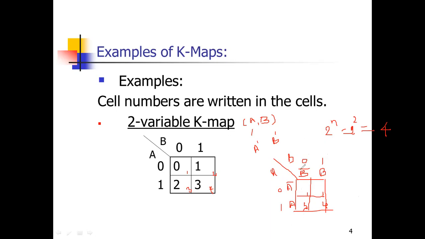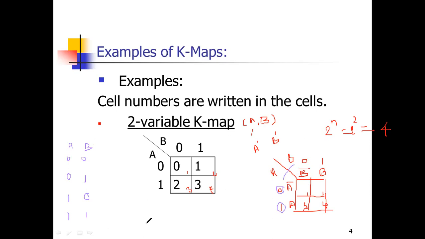So what is this 0, 1 and 0, 1? What is meant by this? Just multiplying this gives 0, 0. So I am writing here 0, 0: A is 0 and B is also 0. Then 0, 1, then 1, 0, and 1, 1.